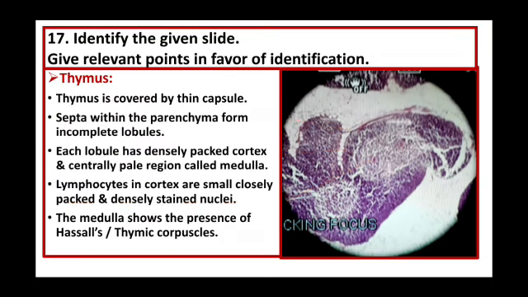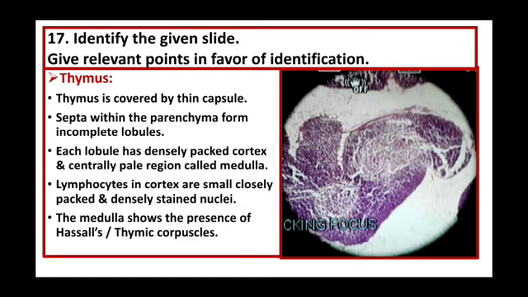So the given slide is that of thymus. It is covered by a capsule. Septa within the parenchyma form incomplete lobules. Each lobule has a densely packed outer cortex and a centrally pale region called medulla.